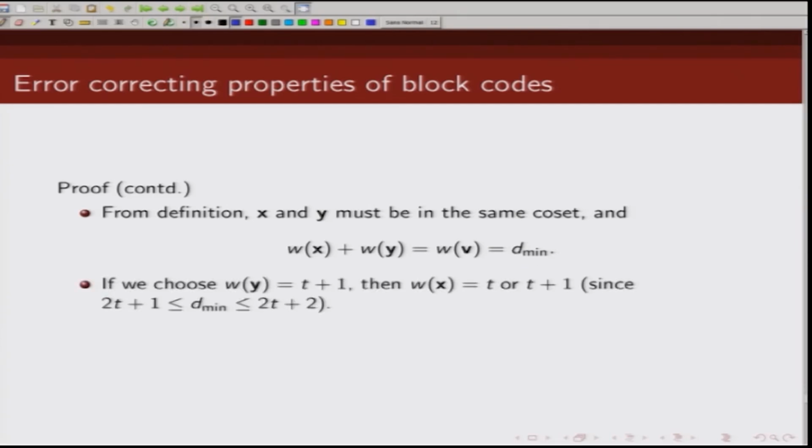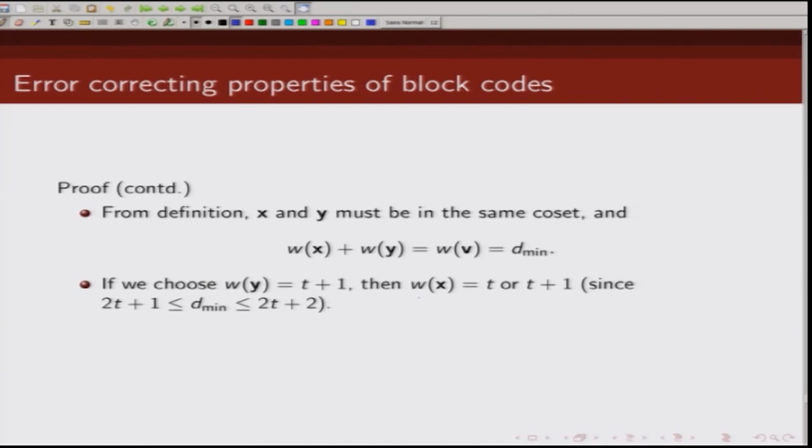Now, if we choose our y to have a weight of t plus 1, then we can see from here that d min is greater than or equal to t plus 1, but less than or equal to 2t plus 2.